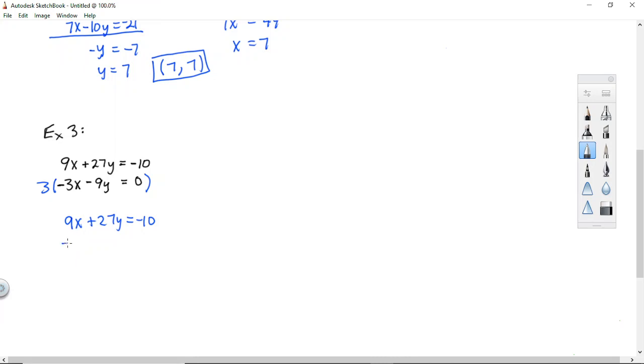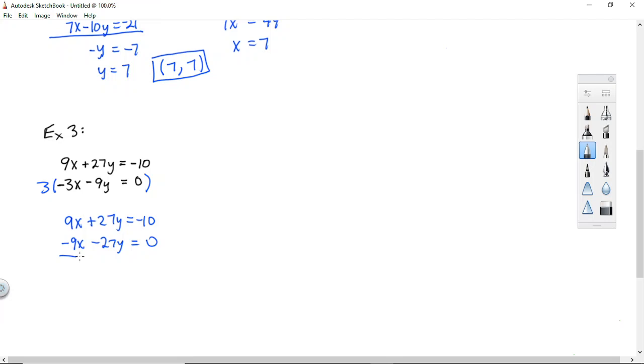So we get -9x, and 3 times -9y is -27y. And then 3 times 0 is 0.